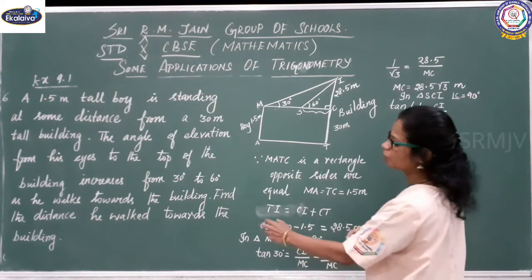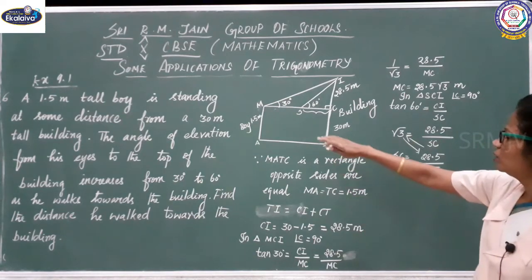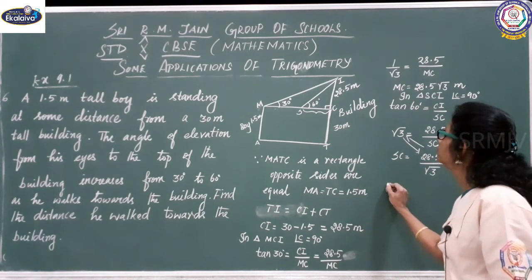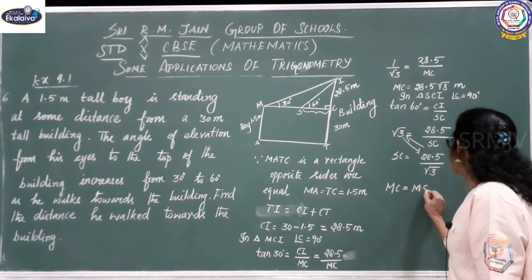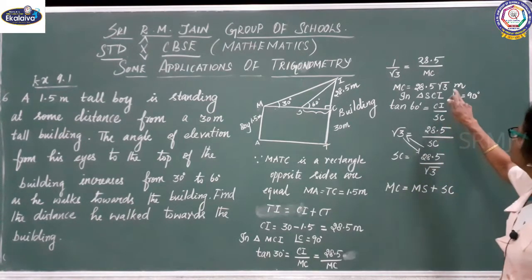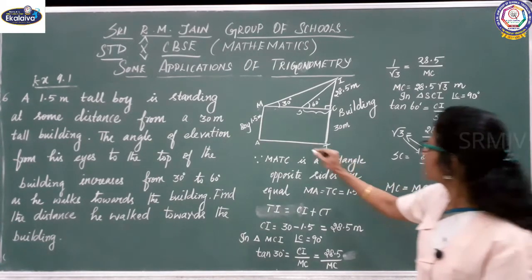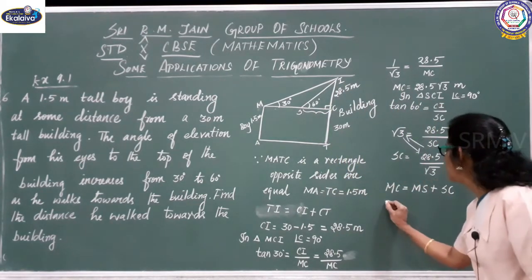What they are expecting, you see, is to find the distance he walked towards the building. That is MC equal to MS plus SC. MC value you know what it is, 28.5 root 3. They are expecting to find the distance between M to S, right?